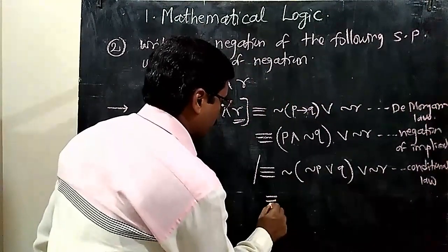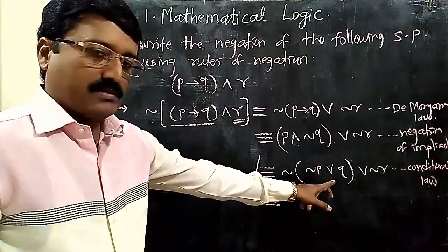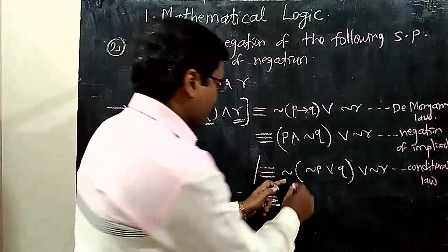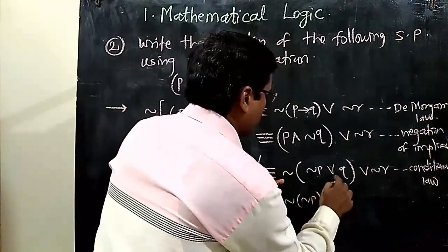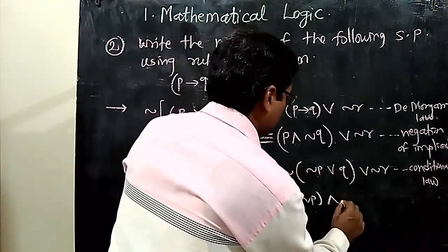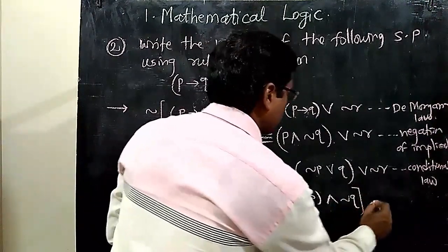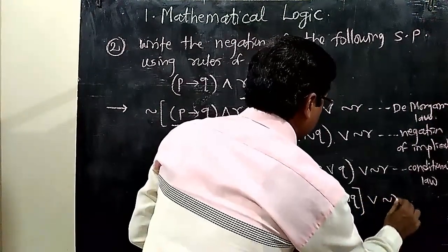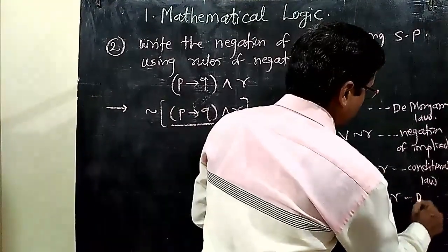Now in this step we can apply negation over this disjunction. So we get negation of P, this disjunction becomes conjunction, and negation of Q. Here is disjunction, so we have to make a bracket. Disjunction negation of R. This is by De Morgan's law once again.